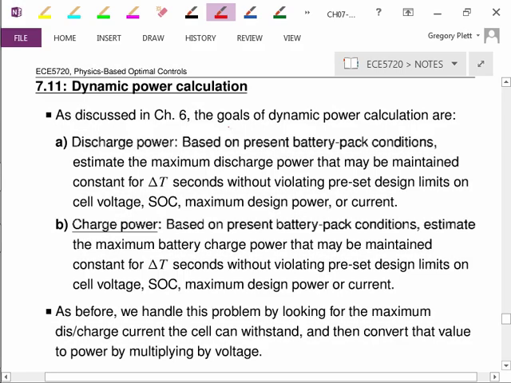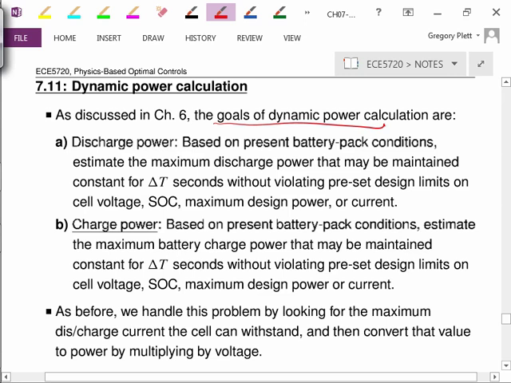We now take a few minutes to look at the idea of dynamic power calculation using some kind of degradation mechanism as a basis instead of voltage limits. If you refer back to the previous chapter, we remember that the goals of this dynamic power calculation are as follows.